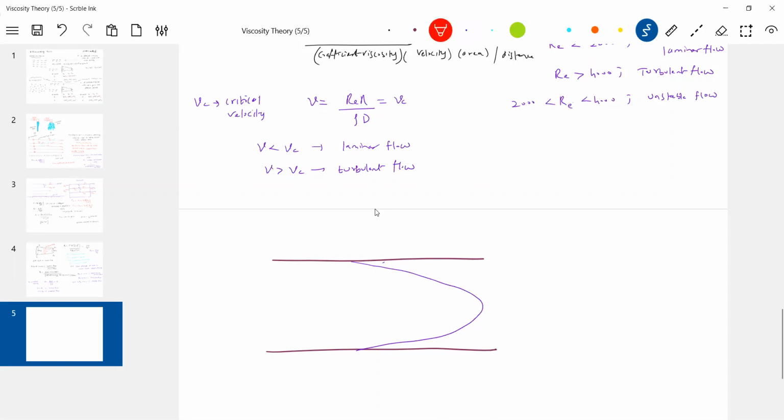Turbulent flow of the liquid will be like this. So it means a layer of a liquid. What is this? I think I'll bring the axis.